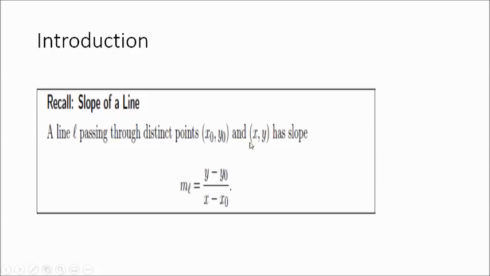We have 2 points, x sub 0, y sub 0, and x, y. These points belong to one line, they are not just points anywhere. So the slope is computed by this one: y minus y sub 0 over x minus x sub 0.